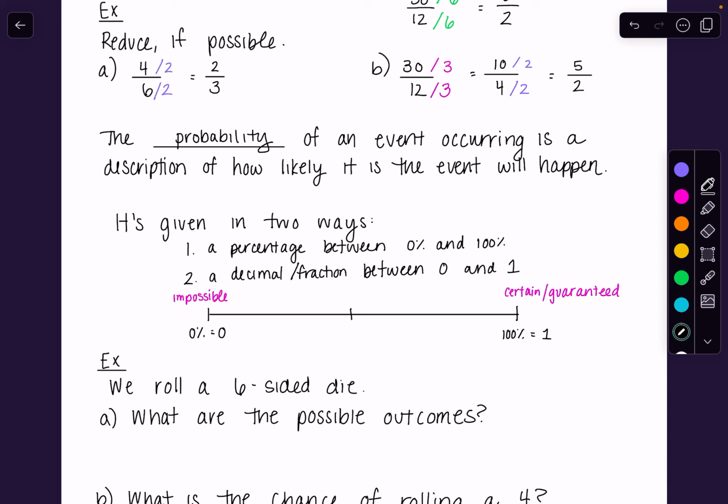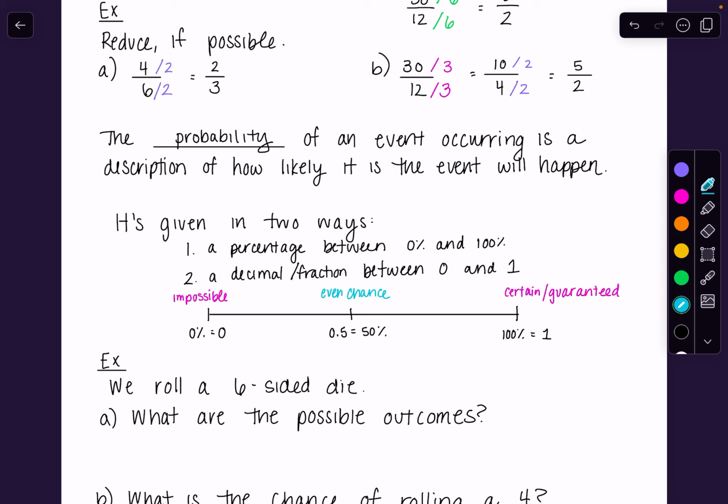So right smack dab in the middle would be then a 50% chance, which corresponds to 0.5. This means there's an even chance of that event occurring. The best example you can think of is tossing a coin. 50% chance it lands on heads, 50% chance it lands on tails.